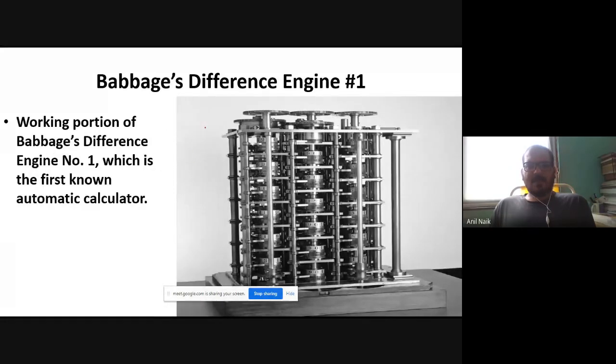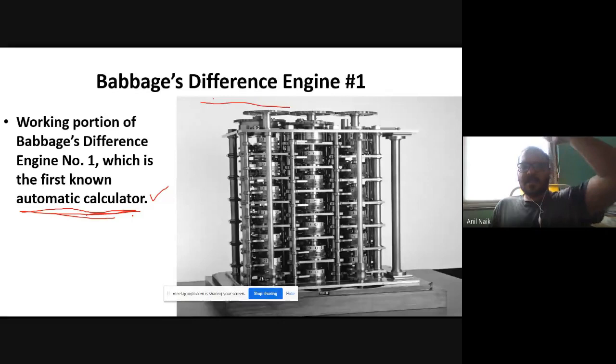Then the Babbage difference engine. This is also an automatic calculator developed by Charles Babbage. This is the working portion of Babbage's Difference Engine Number One, which is known as the first automatic calculator.